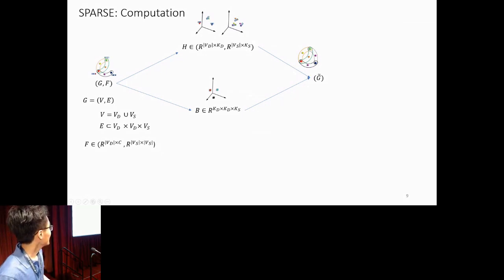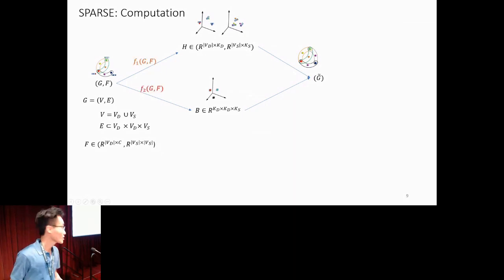H and B are the latent representations of drugs and side effects, and also the latent interaction. And we reconstruct the graph. In order to bring the input feature into latent space, we parameterize with two hypergraph neural networks, F1 and F2.